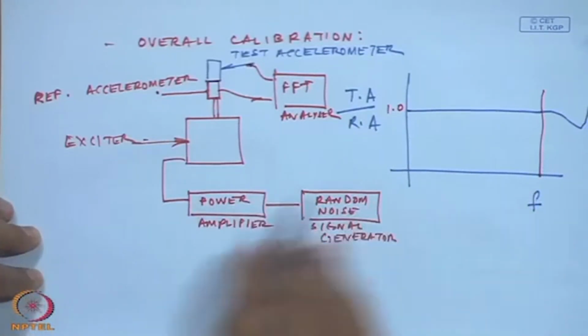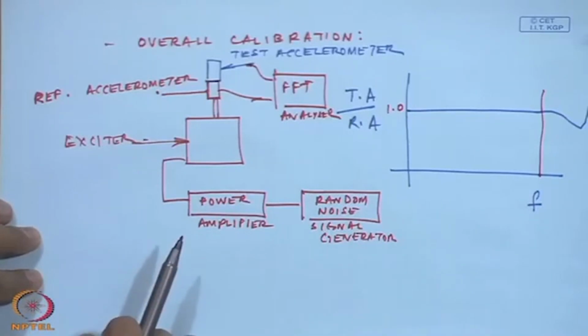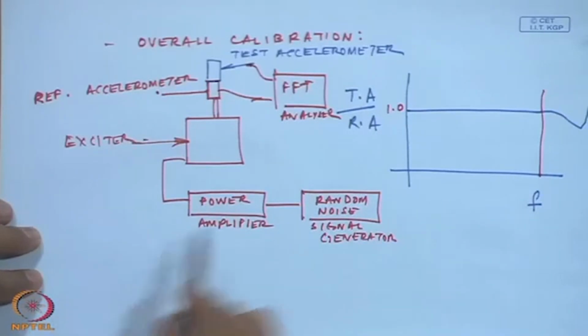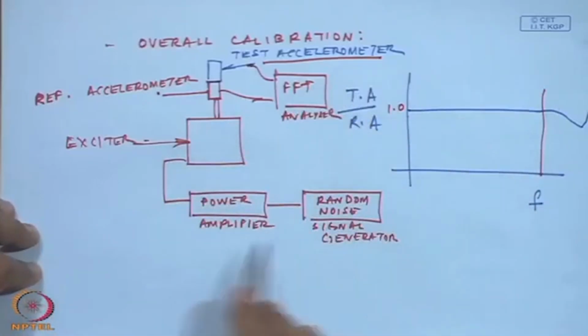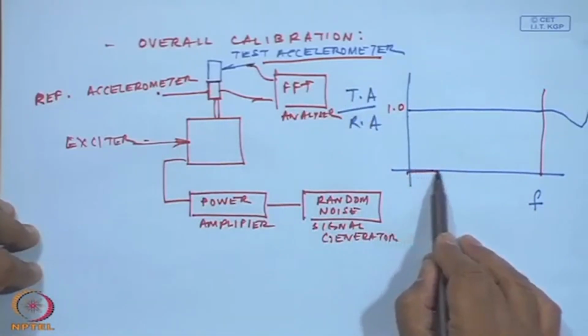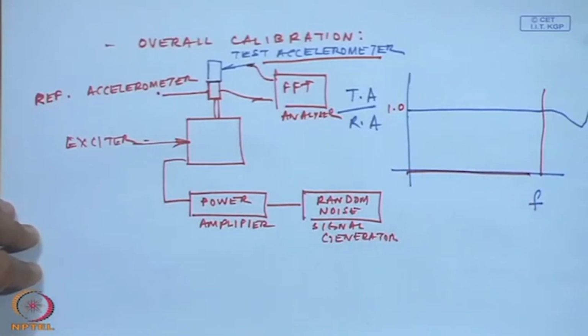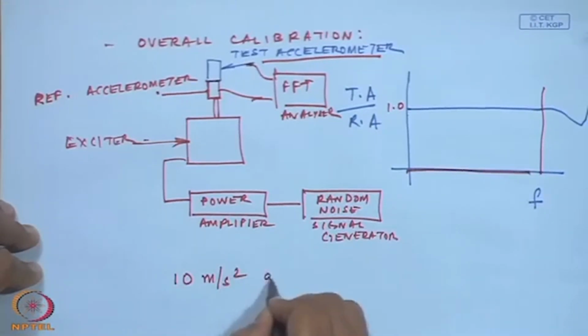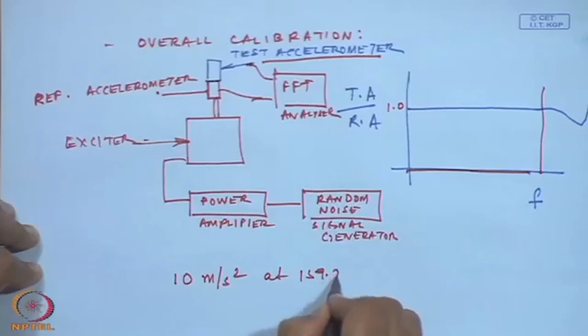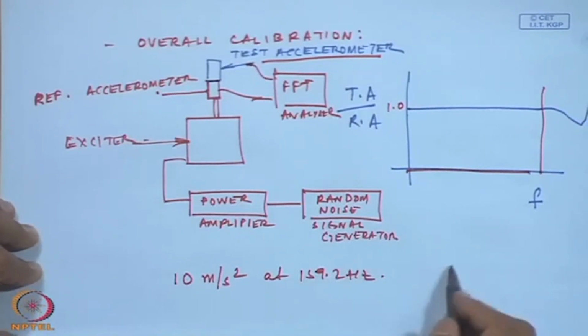Once you are done that, you can be sure that this test accelerometer which you are going to take into the field is calibrated for all frequencies. And at the field, you just give a known value of 10 meters per second square at 159.2 hertz and see whether you are getting the same value.